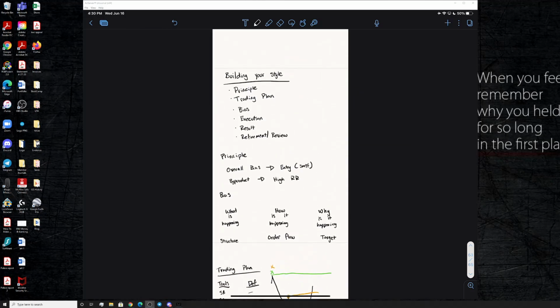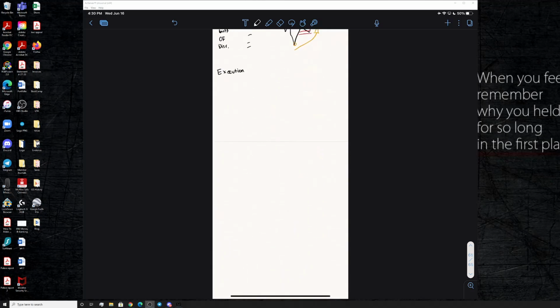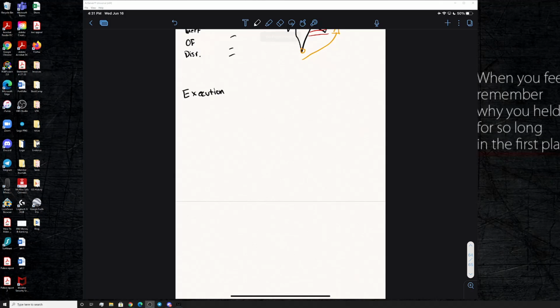So we've already covered principle, trading plan, bias, and we are now in execution. Okay? So in execution, what are you doing? What are you trading? How are you executing? In simple terms, you're trading a model.